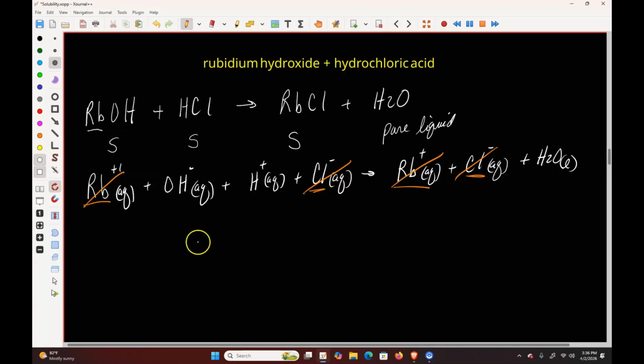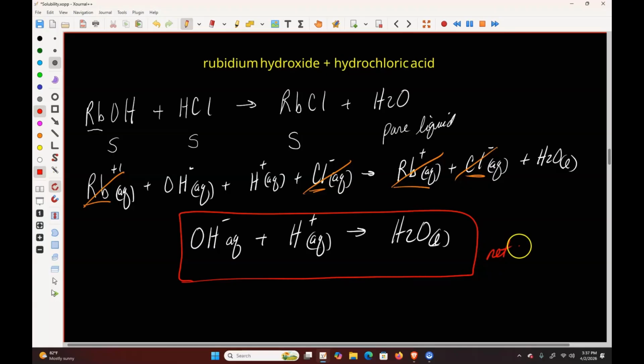My net reaction will be a hydroxide aqueous ion plus a hydrogen aqueous ion to produce H2O liquid. This is called the net reaction, or net ionic reaction. This is showing what is primarily going on in the reaction given above.